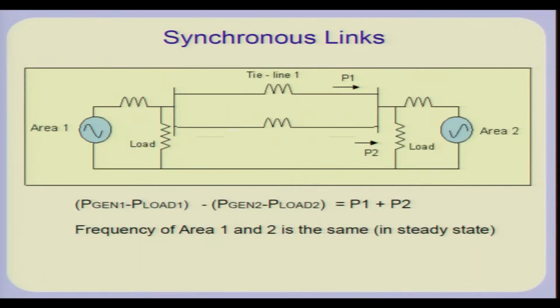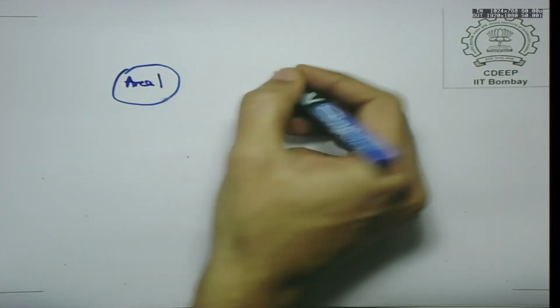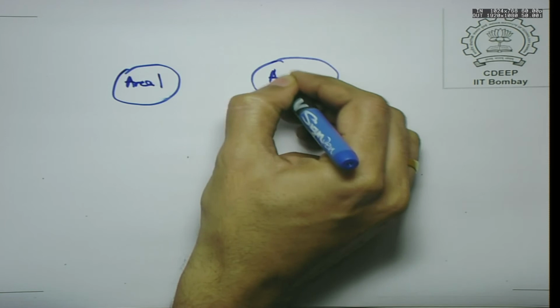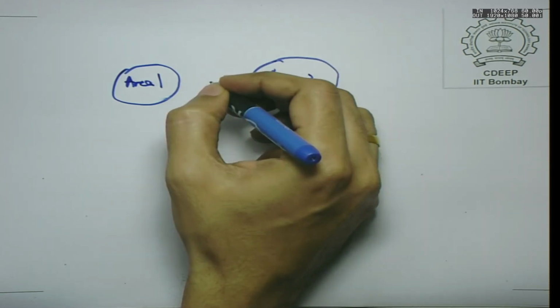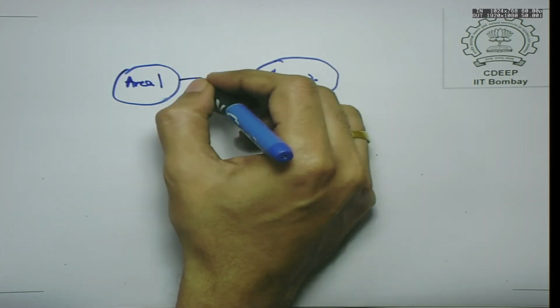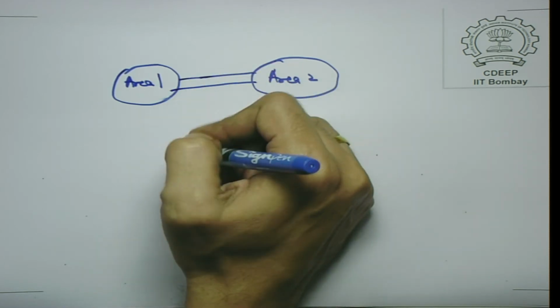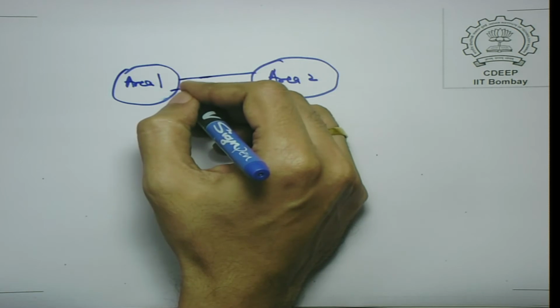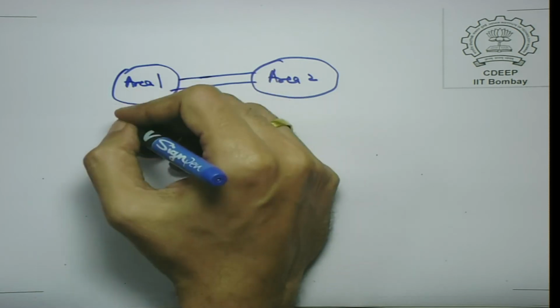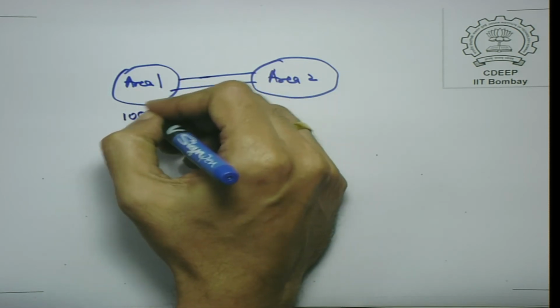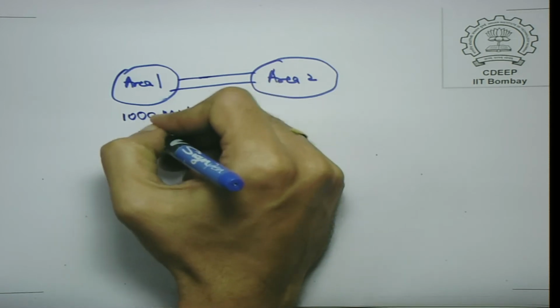Usually, if you have a system like this, you have area 1 and area 2 and they are connected by two AC lines. Suppose area 1 has a generation of 1000 megawatt and a load of 500 megawatt.